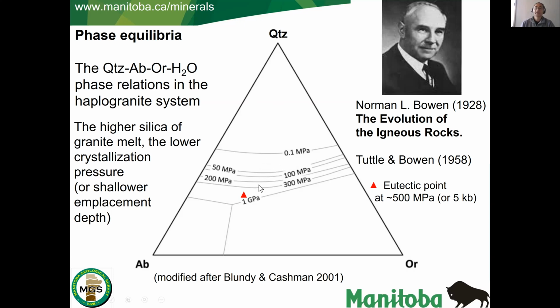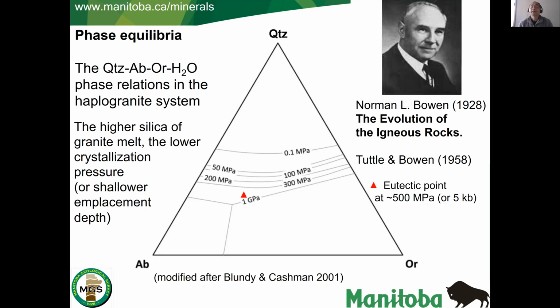With the increase of pressure, it goes until the eutectic point at about 5 kilobars. At that point, quartz is in equilibrium with two feldspars. From this diagram, we also see that the higher the silica content of the granite melt, the lower the crystallization pressure.